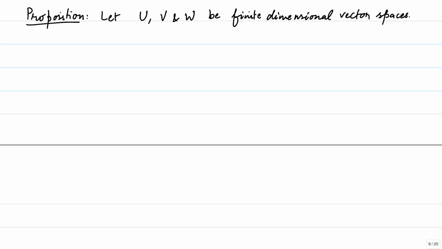So here we fix three bases, ordered bases for U, V and W respectively.